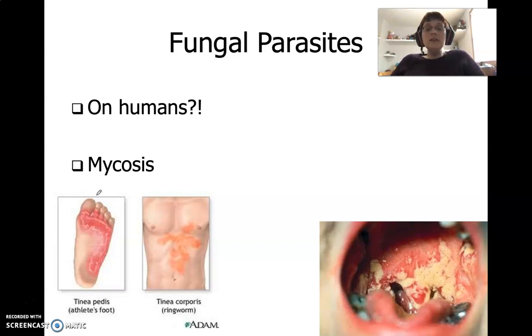Athlete's foot, this is common in adults. It's much more common in adults than it is in children. If you've ever been around kids, what's the first thing that kids do when they come inside or even go outside? That's right. They take off their shoes and usually their socks too. The thing is that these fungi thrive in warm, damp places.